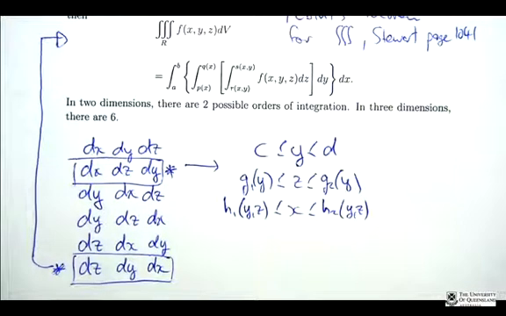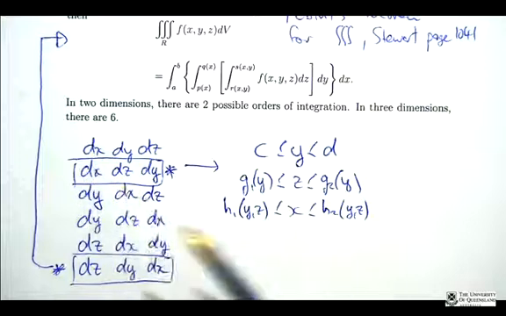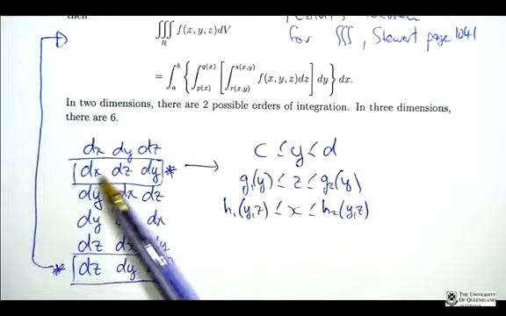Okay, so you can see straight away that in 3 dimensions, Fubini's theorem is a lot more complicated than in 2 dimensions. But it's not really that difficult to deal with, especially when you look at ways of describing the region.